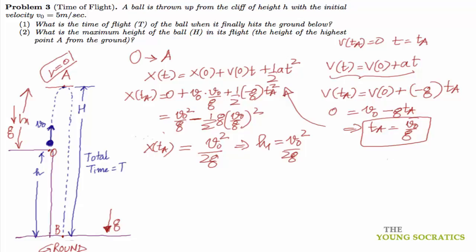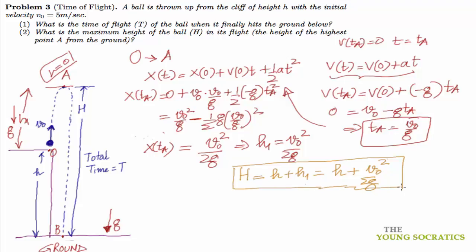So this solves one part of the problem, that is, big height H is nothing but equal to small h plus h1, which is equal to h plus v0 square over 2g. So this is the answer of part 2.